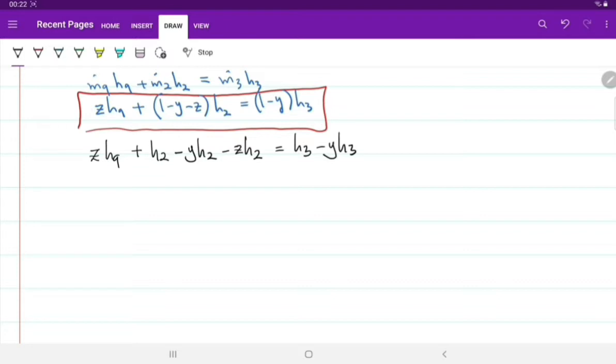Okay, just rearrange for Z. You have Z times H9 minus H2 plus H2 minus y H2 equal to H3 minus y H3.